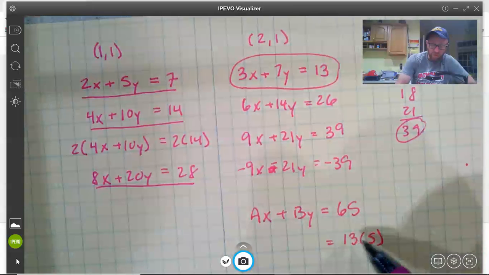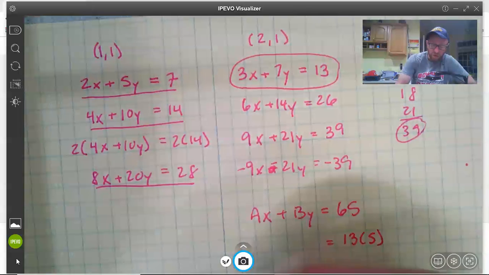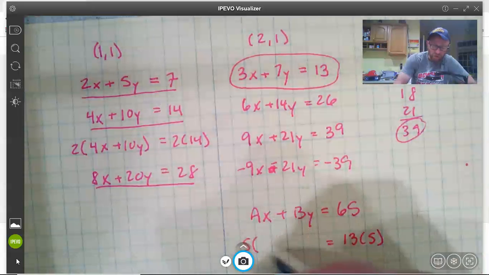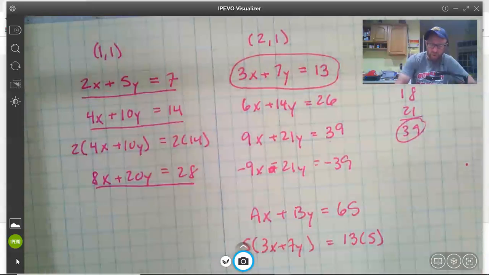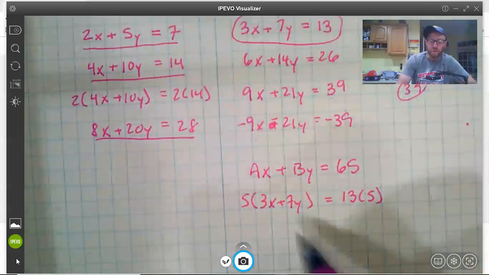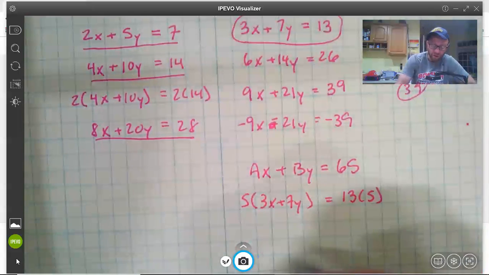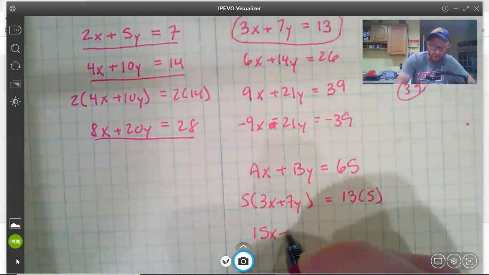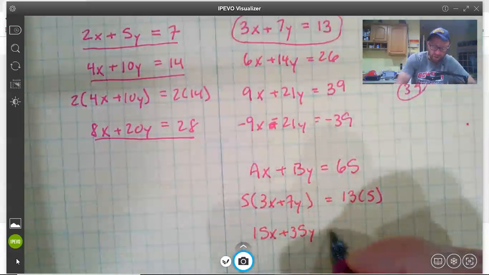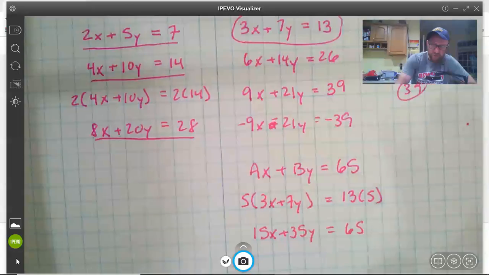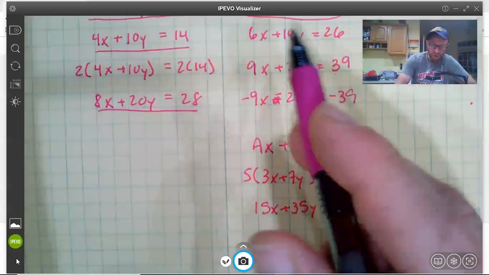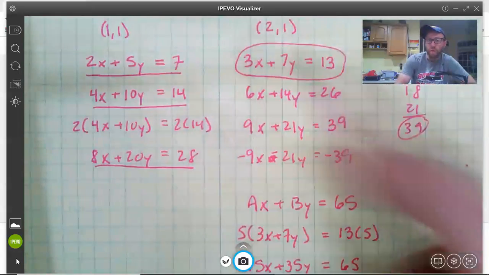So I've multiplied 13 times 5, and so that must be the other side, 3x plus 7y times 5 as well. So I must have multiplied both sides by 5. So that means that 15x plus 35y equals 65.